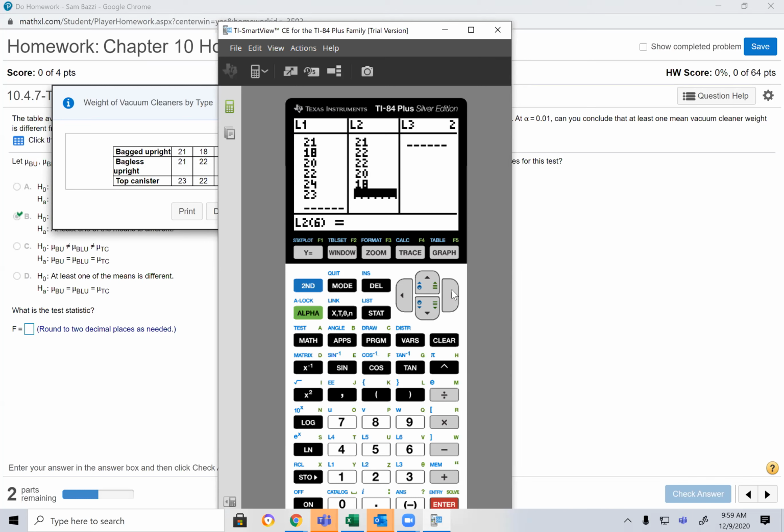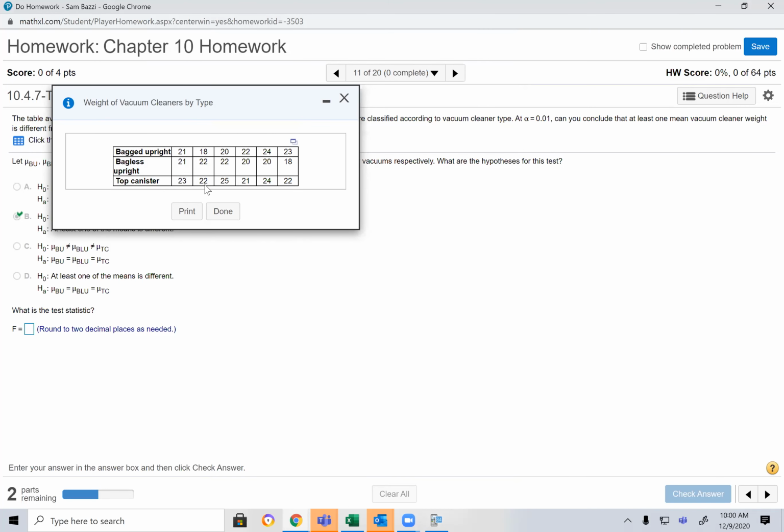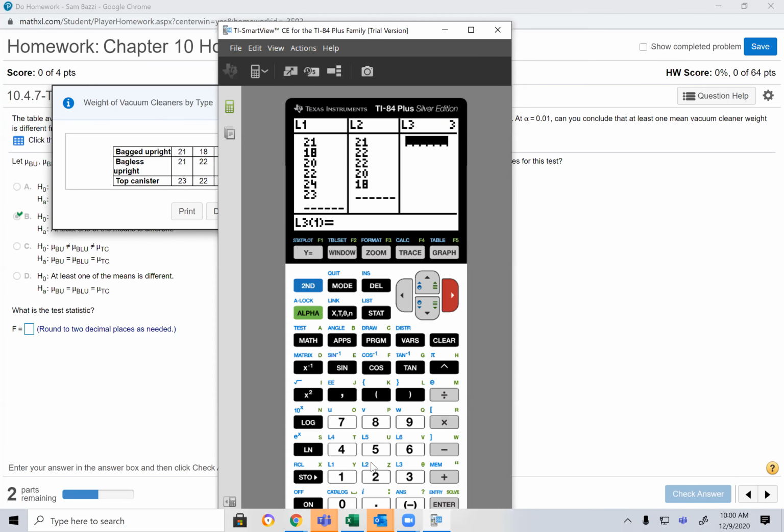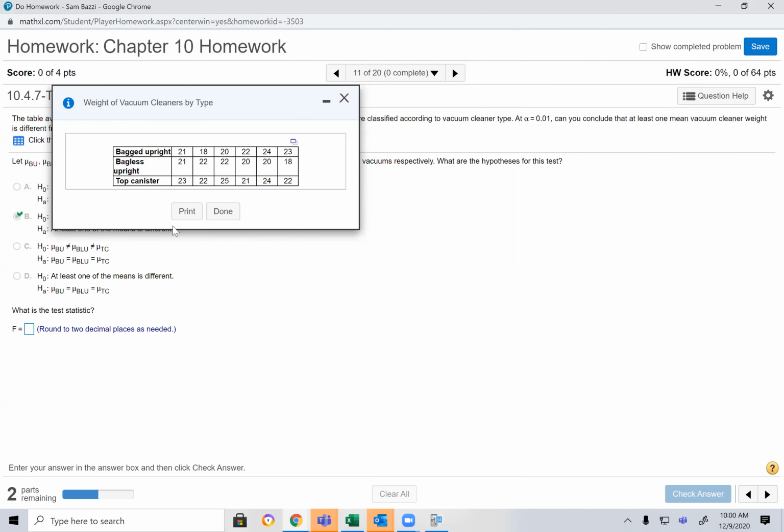Okay, the next one. You see, they don't have to have the same sample size. They can be different. The top canister is what? We have 23, 22, 25, and I got 21, 24.